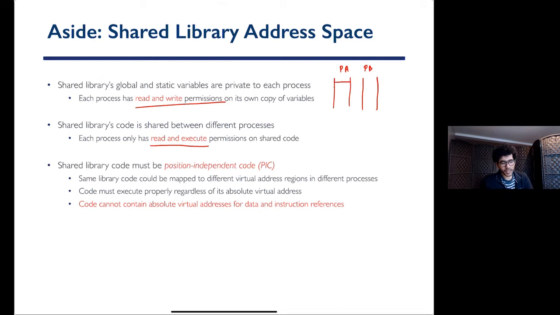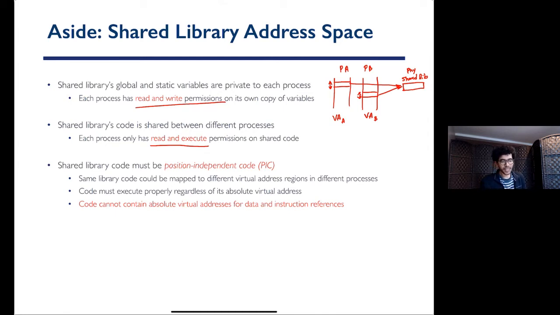Now, it might be that I'm mapping this range from process A and this range from process B to this shared library. So these are physical addresses, and these are virtual addresses, VA for process B, VA for process A. Now, different virtual address ranges are used and mapped to the same physical address range, so that process A and process B are sharing the same library.